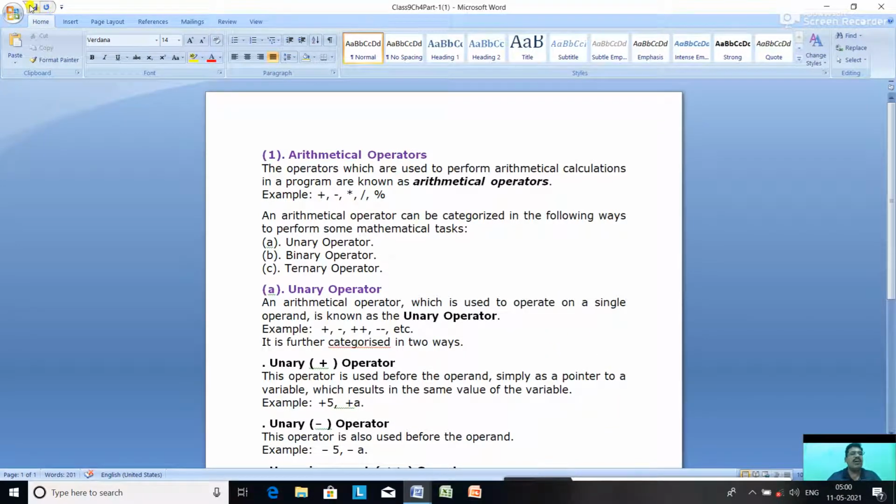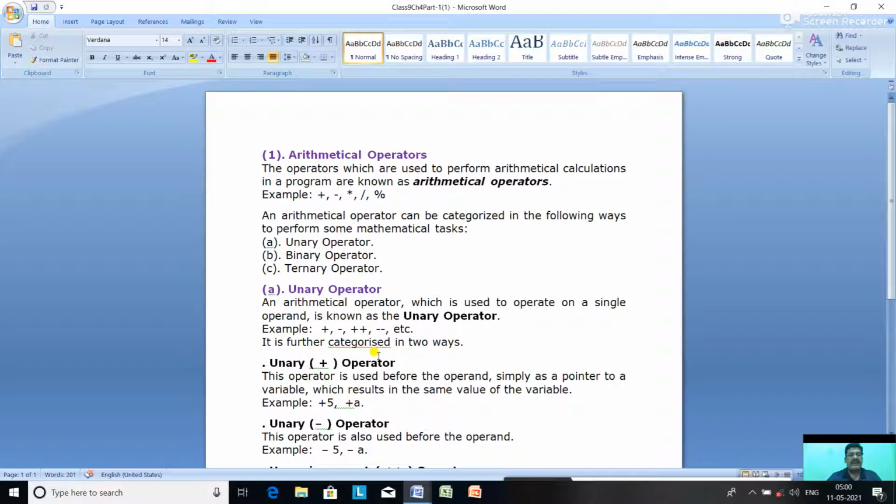Such types of operators are called unary operators. The unary operators of Java are plus, minus, plus plus, and minus minus. Plus plus is called the increment operator, and minus minus is called the decrement operator.